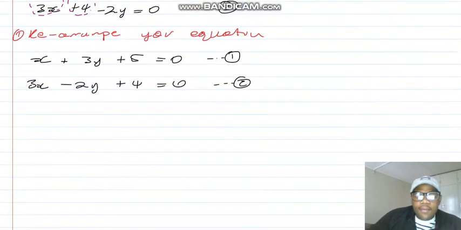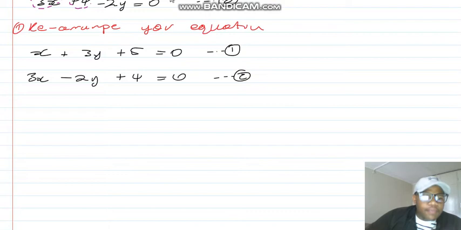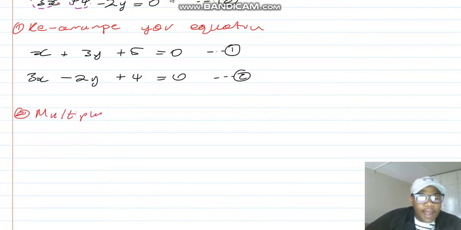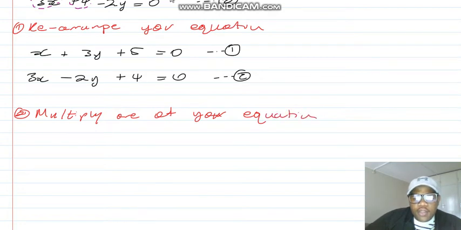And then multiply one of your equations by a number such that when you subtract the equations, a variable disappears, right?